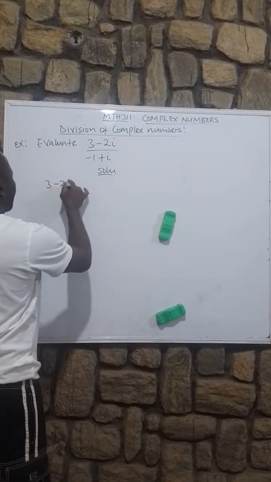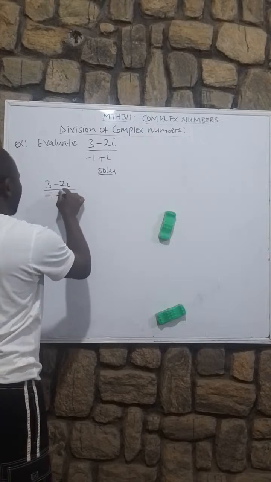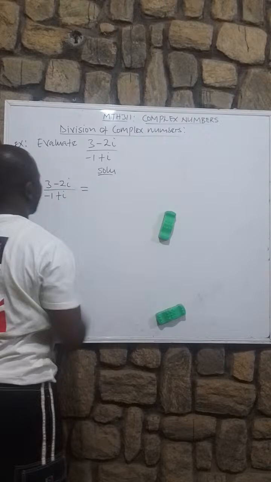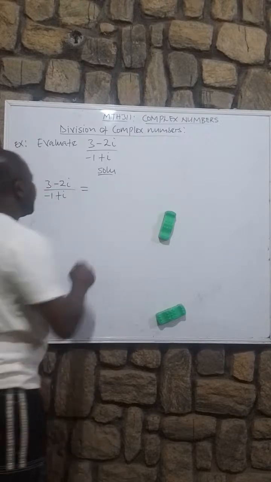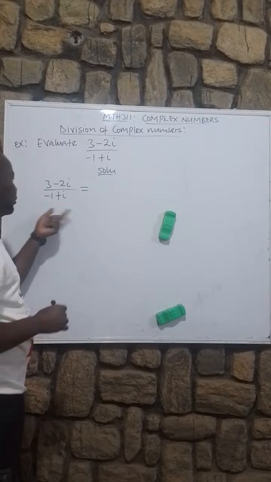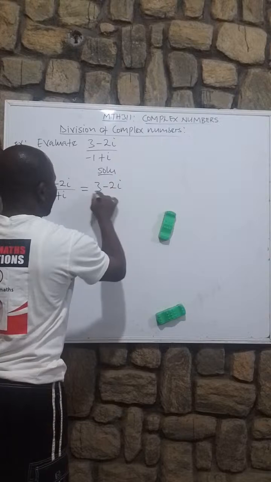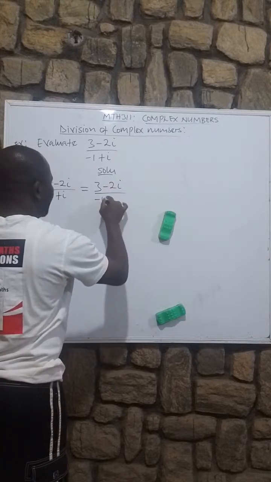So what you need to do, we write the solution: 3 minus 2i all over minus 1 plus i is equal to, you conjugate the denominator.